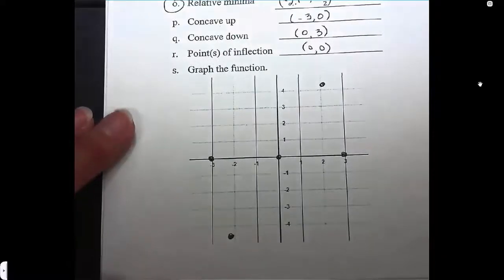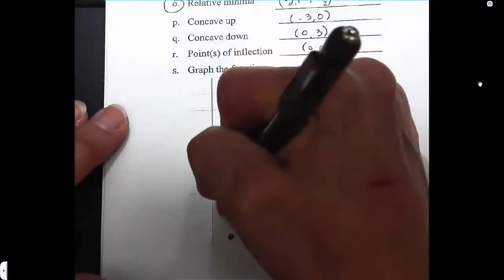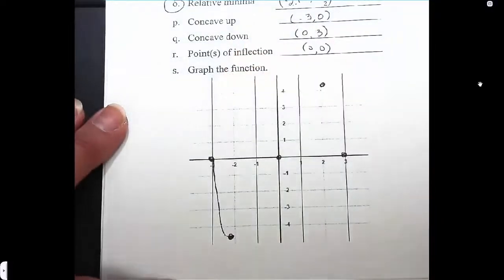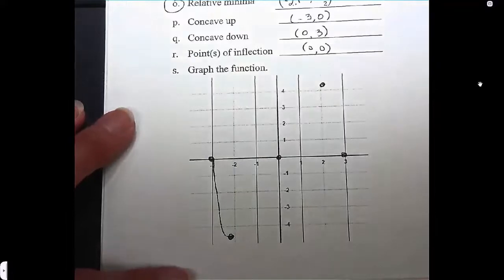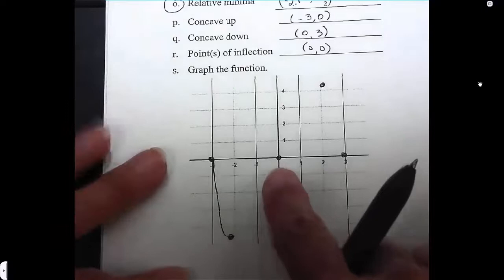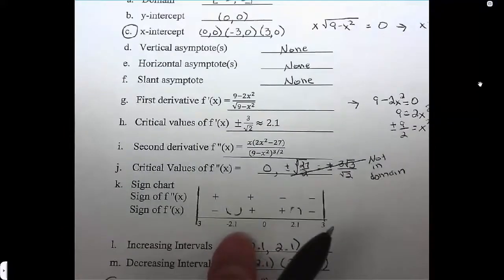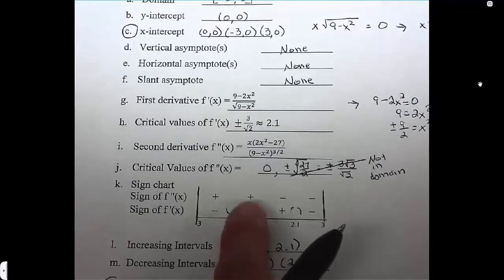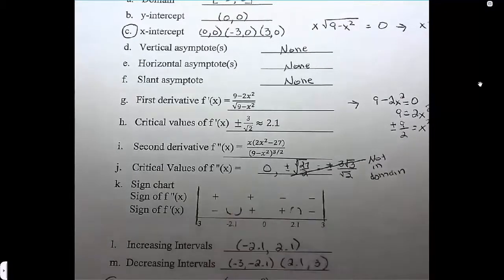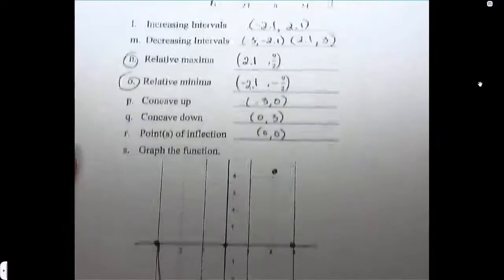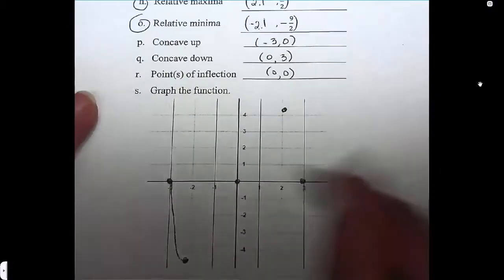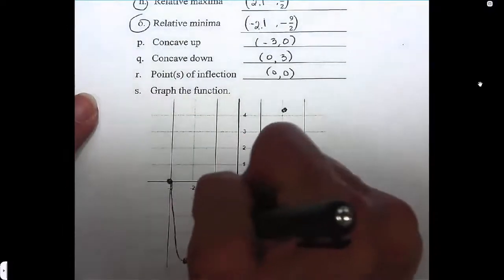Can you tell what that's going to look like? That's decreasing and concave up. And then from -2 to 0, looking back at my sign chart, that's supposed to be increasing and concave up. Increasing and concave up would look like that.